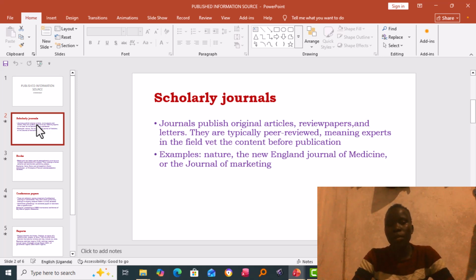The journals publish original articles, review papers, and letters. They are typically peer-reviewed, meaning experts in the field vet the content before publication. So these are published by the experts in the field.